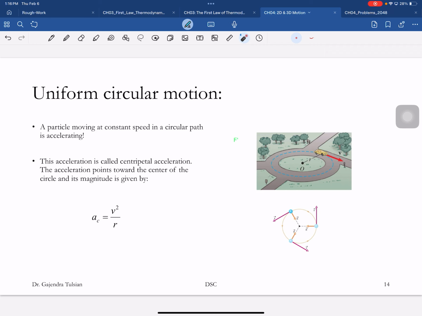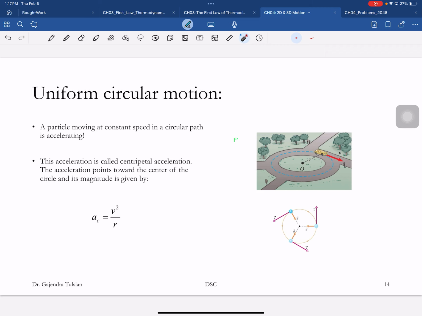We mentioned this a while ago. If only the direction of your velocity changes, what direction is your acceleration? Well, you're accelerating because the velocity is changing. What is the direction of your acceleration? It's perpendicular to the trajectory.